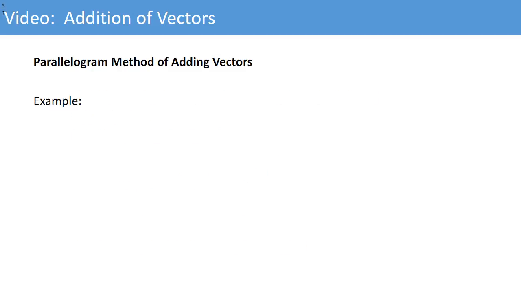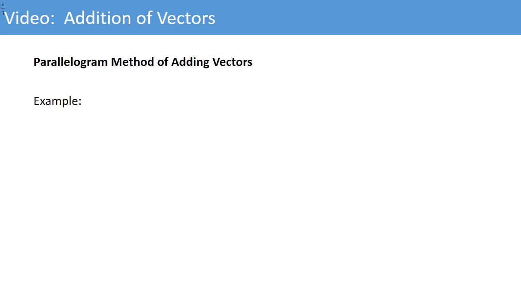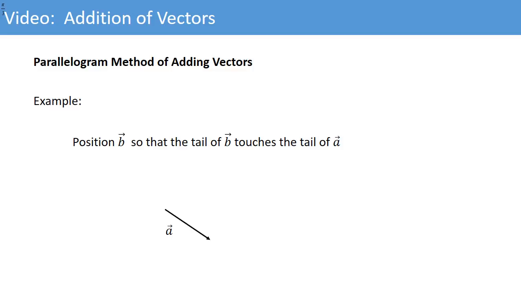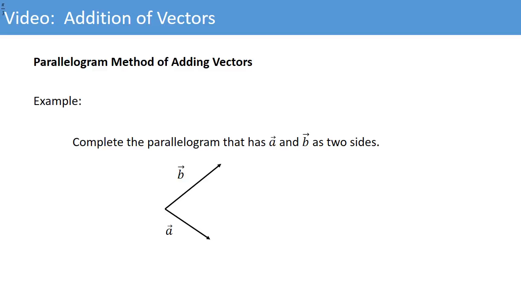We could use the parallelogram method of adding vectors. You are given two vectors, A and B. Position B so that the tail of B touches the tail of A. Now, complete the diagram by drawing a parallelogram.